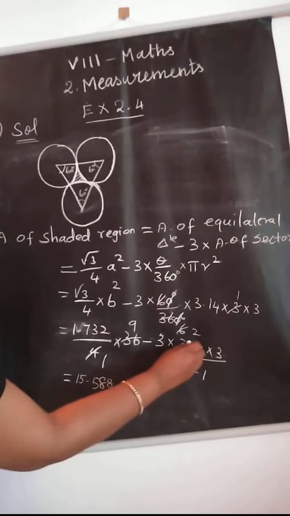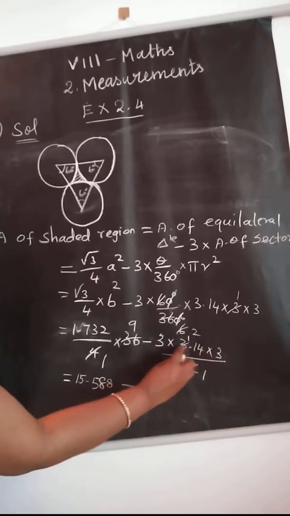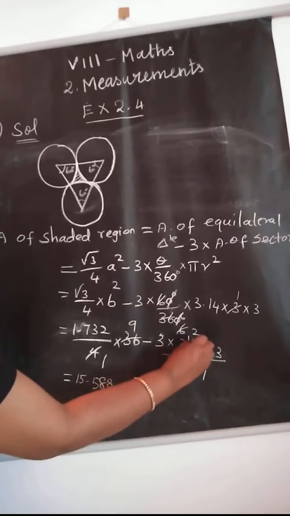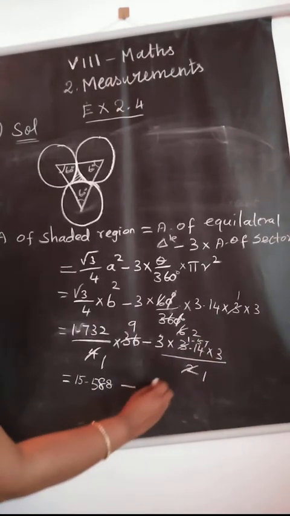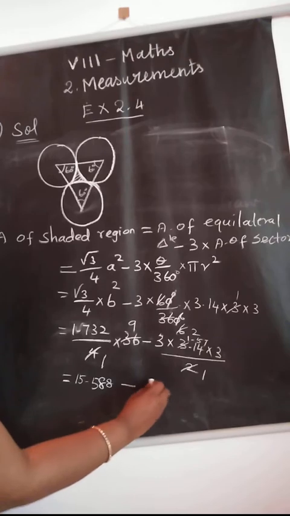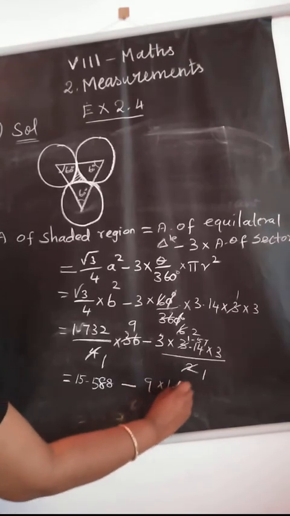2 1s are 2. Here also 2 1s are 2. Remaining 1. Put point. Now 11. 2 5s are 10. 2 7s are 14. So 3 3s are 9. So 9 into 1.57.